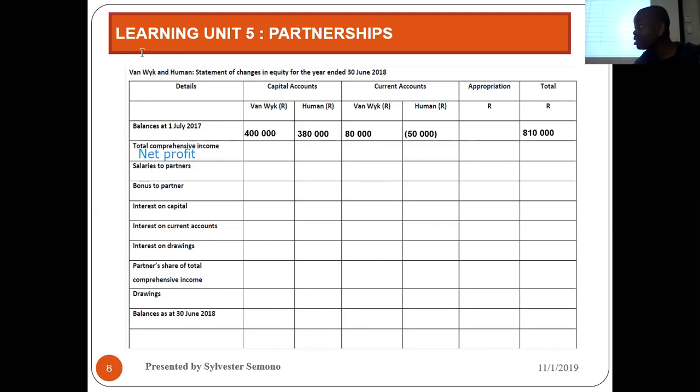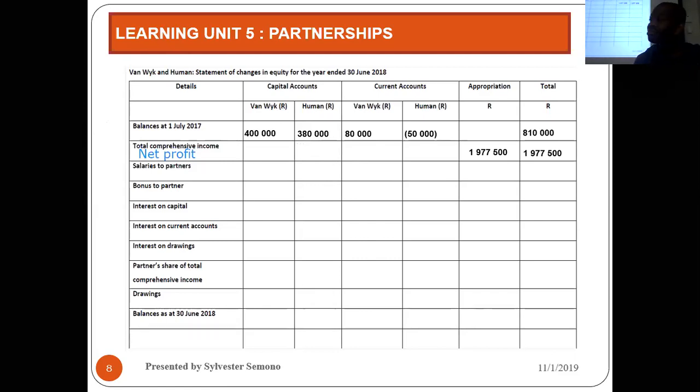It's given to us. It's the one that we used under appropriation. And remember, here we've got the column for appropriation. So we must go and put it under appropriation. So how much was it if you check? It was 197,500. That's why we put it under what? Appropriation. It's the same thing that we did, but we are putting everything on the statement. And the total is what? 197,500.